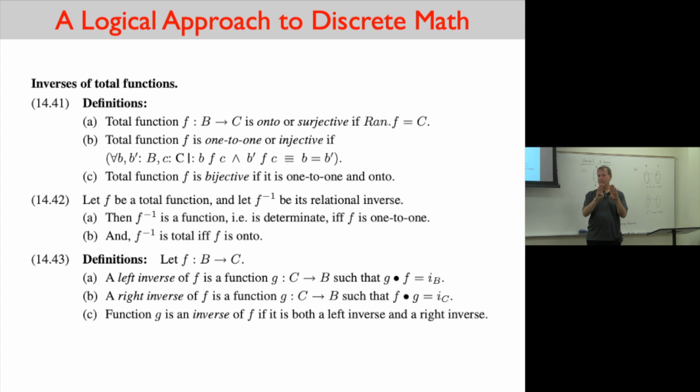Something can be a left inverse but not a right inverse, or it could be a right inverse and not a left inverse. Okay, so it's actually possible if the property is not symmetric, then something that's a left inverse might not be a right inverse.